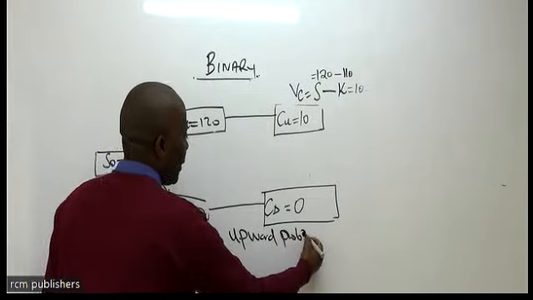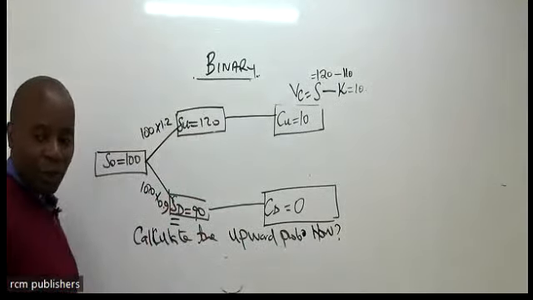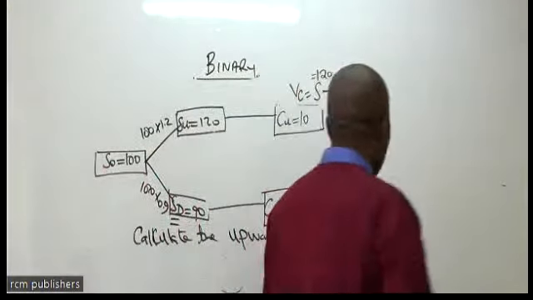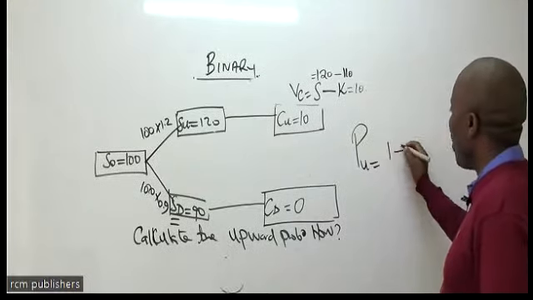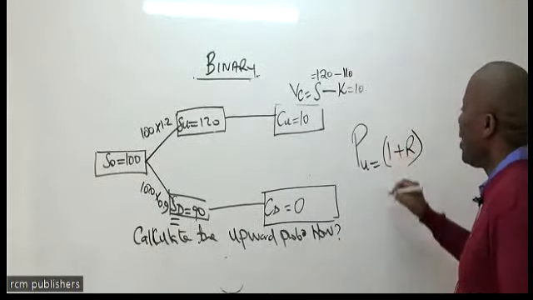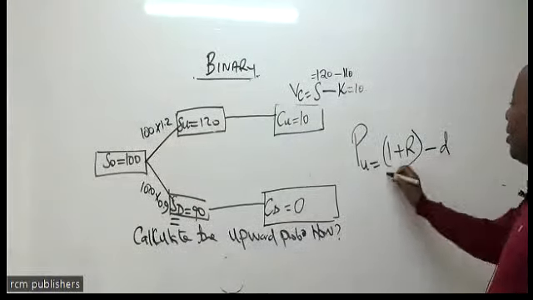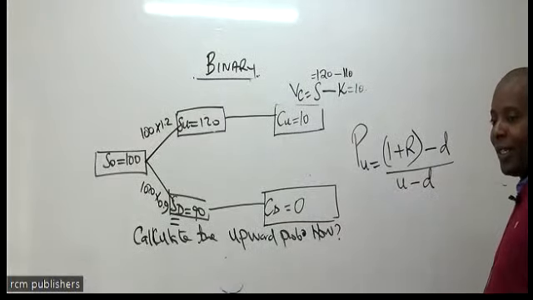You calculate the upward probability. So how do we do that? So come and tell us here that the upward probability will be equal to 1 plus the risk-free rate of return minus the down, all over the upward minus the down.